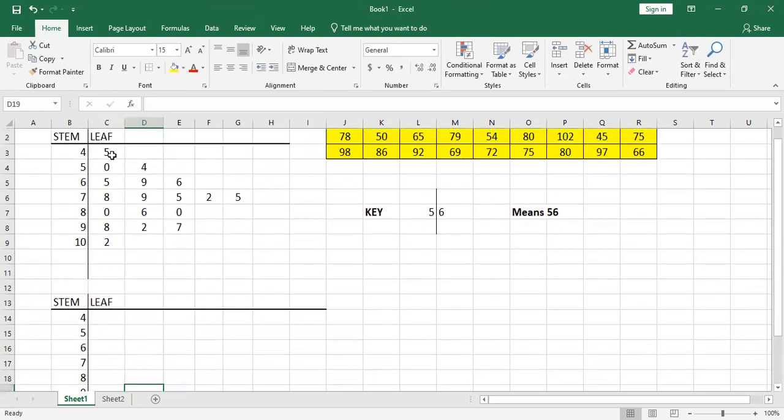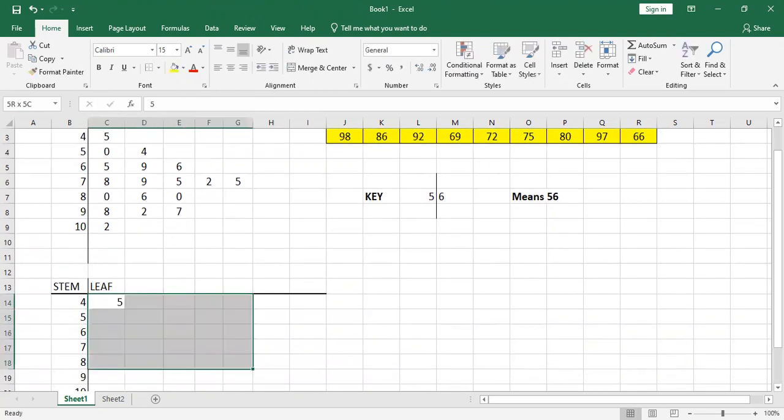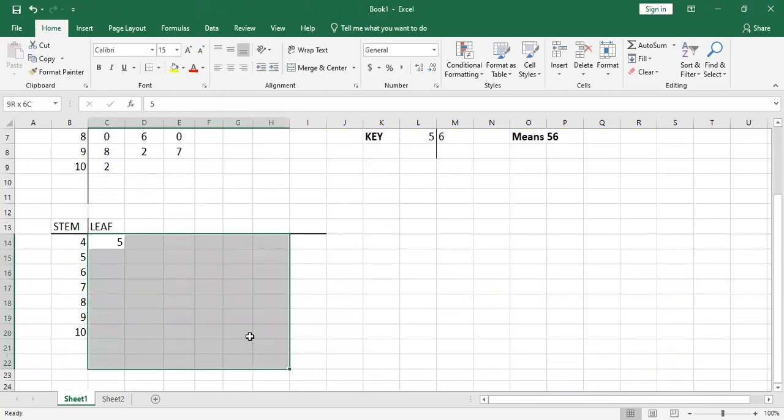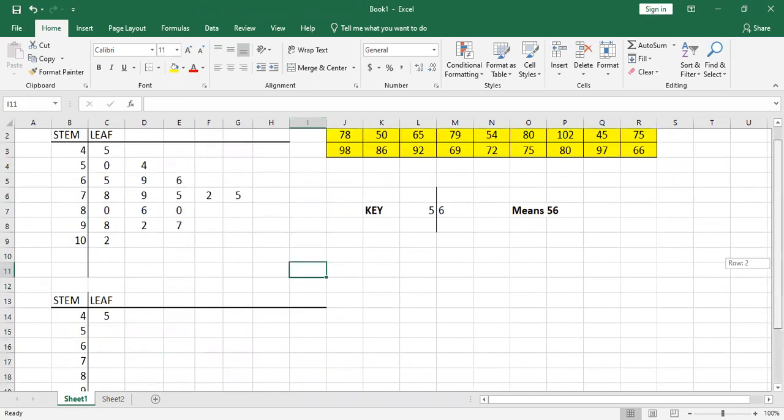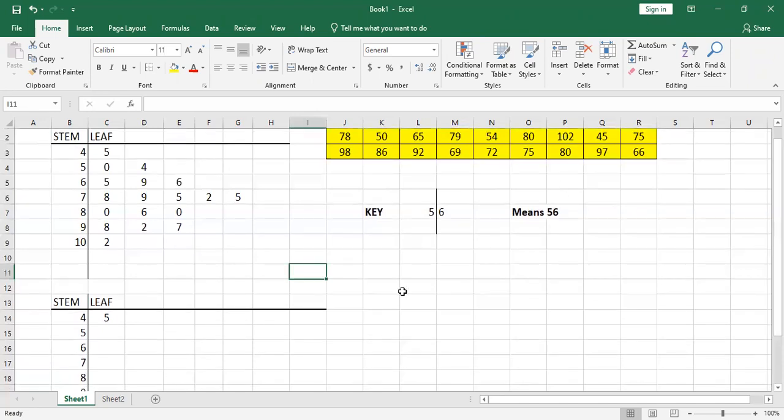So here under the 4s, we only have 5 there to indicate 45. And then under the 5s, there is 0 there. They're already in order, and 4.